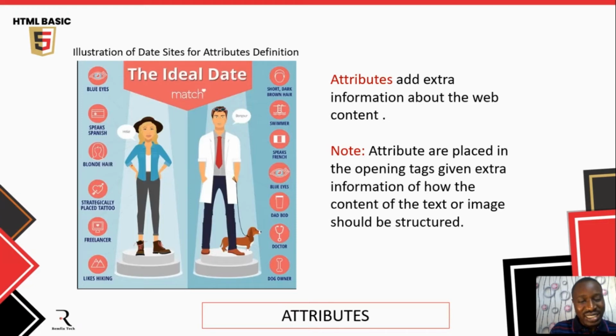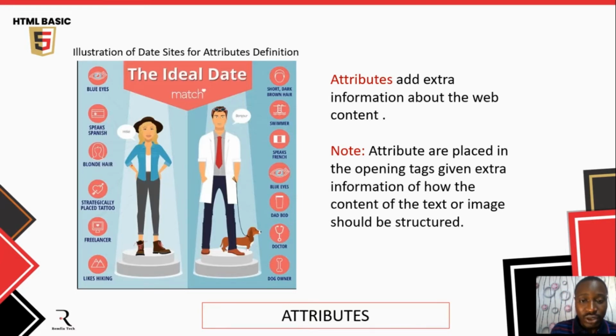So that is an example of attributes. Attributes add extra information about web content. They are placed in the opening tags, and they give extra information of how the content, the text or the image, should be structured. So take for instance, I have a text now and I want the text to appear in a particular color. That's the function of attributes.